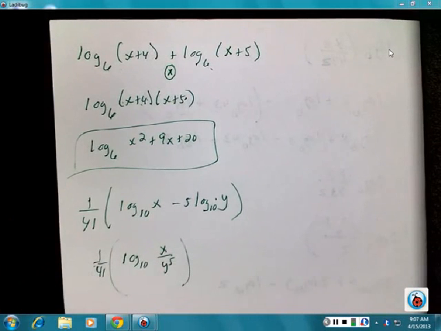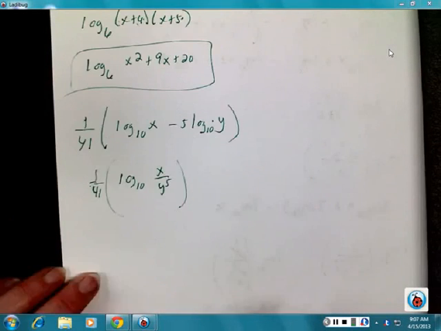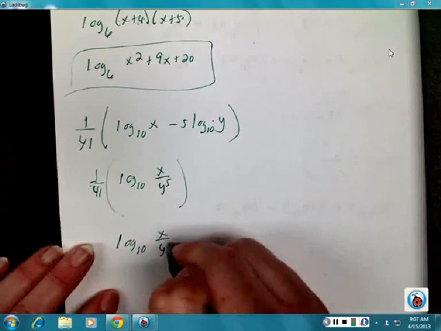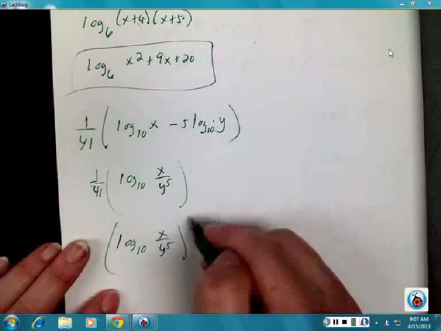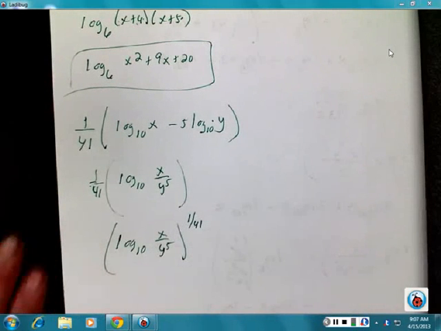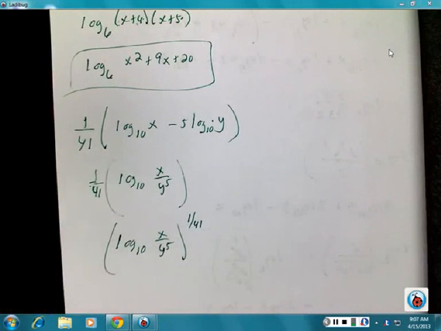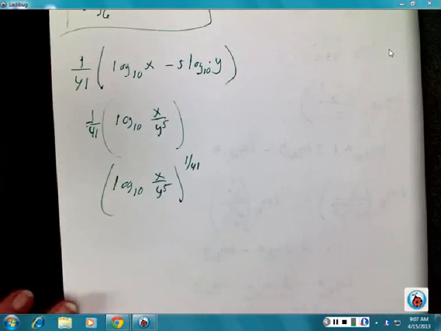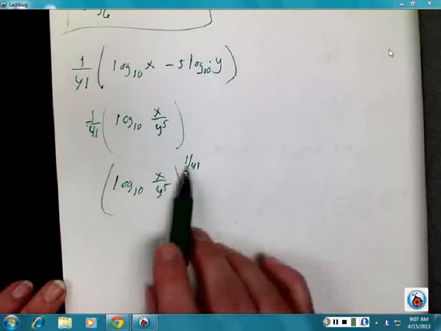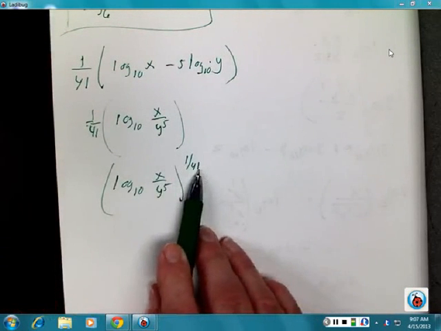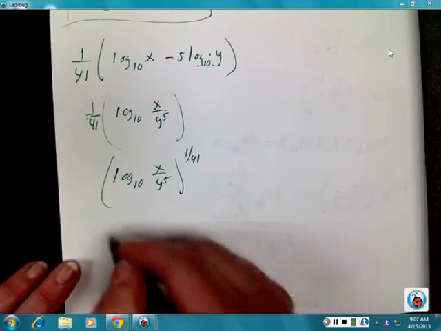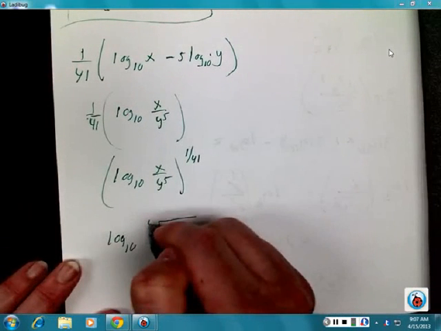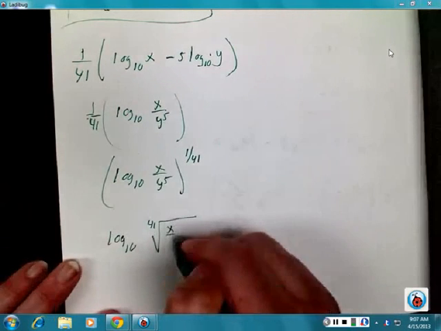And then I've got that 41 out in front, so it's log 10x over y to the 5th raised to the 1 over 41th power. But what does this mean? And this, I think, was the largest one that they had did with this variety in there that I'd run across. This 1 over 41, that is saying we have log 10, the 41st root of x over y to the 5th.